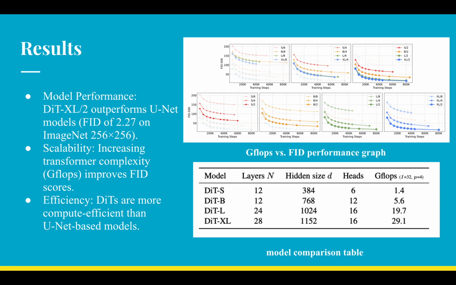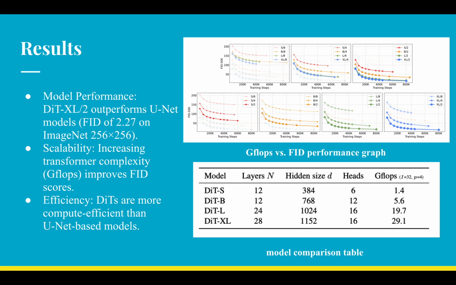So we can see the DiT-XL/2 model with 118.6 GFlops achieves a state-of-the-art FID score of 2.27 on the ImageNet 256 by 256 benchmark. This significantly outperforms the previous UNet-based models, demonstrating that diffusion models can scale more effectively.